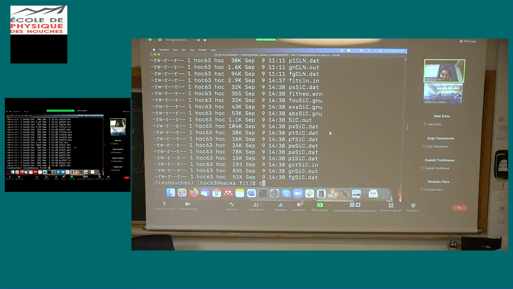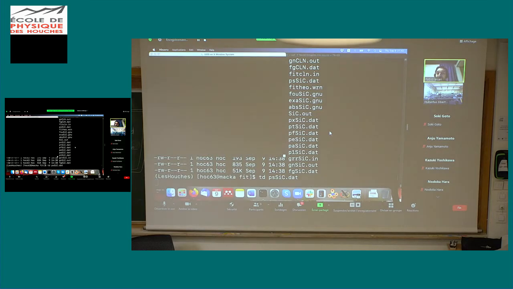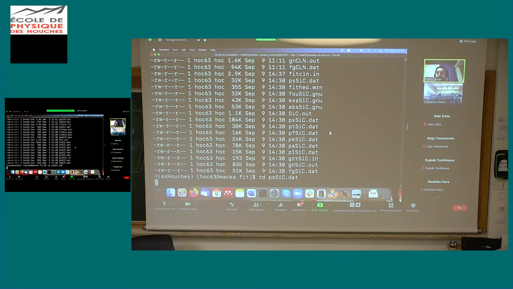I will try to show you PS because there is something important that I want to say. Okay, I can do it. In the meantime, the other output files are the .new files. So these are just multi-column files that can be plotted with newplot or other plotting programs.